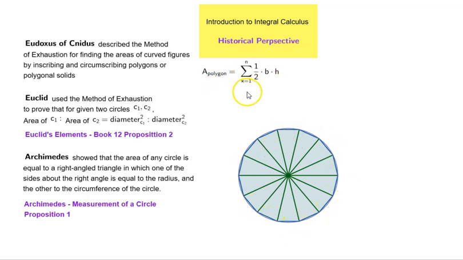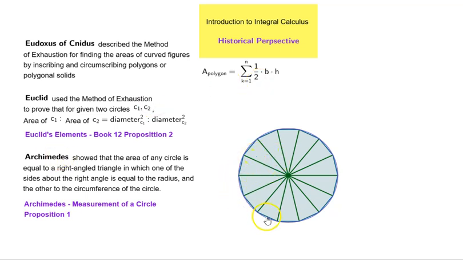This summation notation you're already familiar with: the sum of the areas of all the triangles from 1 to n. So here I have 14 triangles, so 14 times we calculate this and sum it up.